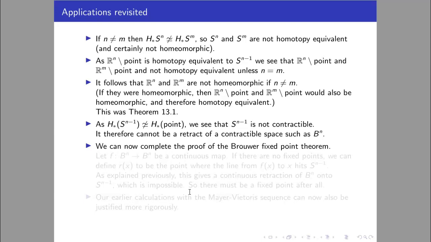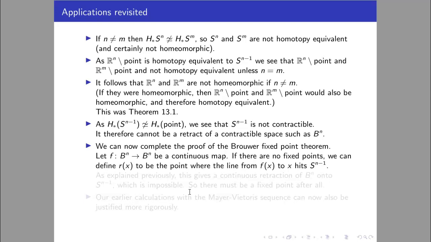So we sketched this out before, so let's just remind ourselves how that goes. We want to prove that if you've got a continuous map f from Bn to Bn, then it has to have a fixed point. If it doesn't have a fixed point, then we do this trick. We start at the point f(x), and we draw a line from there to x, and that's a well-defined thing to do because f(x) and x are different.